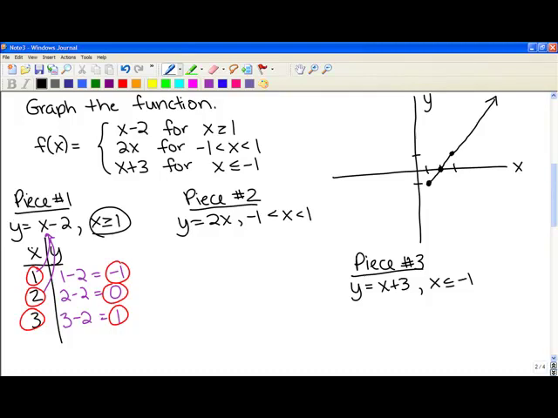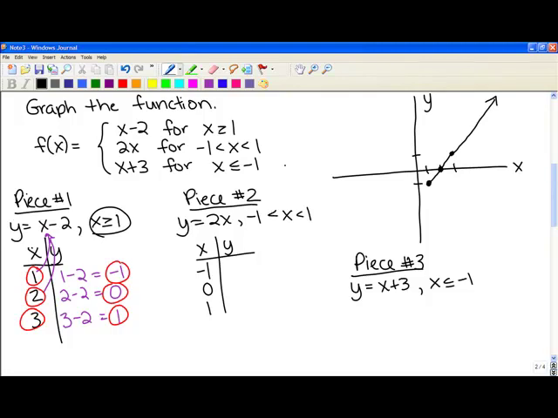Now let's move on to piece number 2. This is y equals 2x, and the boundaries are between negative 1 and positive 1. So when we set up our table, let's choose the endpoints. Let's choose negative 1, and then 0 between negative 1 and 1. And let's choose the other endpoint of positive 1.